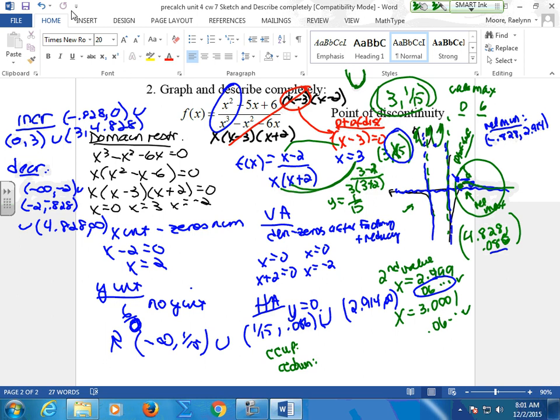So now, this guy right here, isn't this a concave down? Yeah. Okay, so we're concaving down from where? Negative infinity to negative 2. Okay, what's this guy doing? Concaving up. Concaving up from where to where? -2 to 0. Everybody with us here? Okay, concave down. We talked about this the other day.